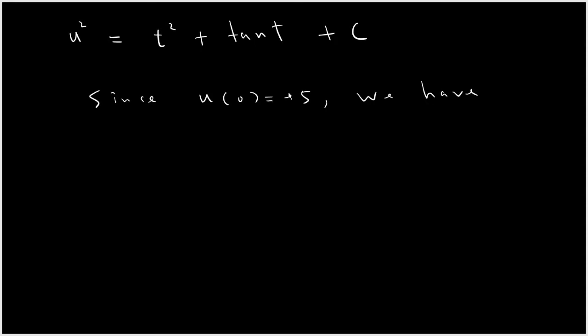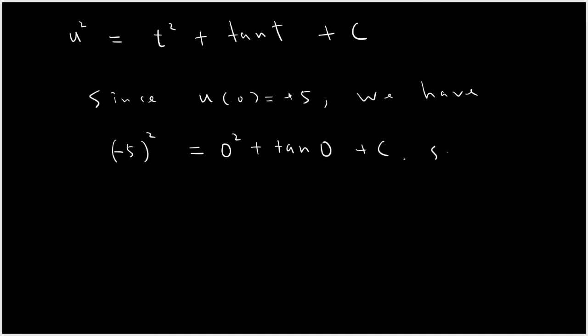So can we try to determine the constant from here? We have the value of u is -5. You have -5 the whole thing squared is equal to, and then the t value is 0. 0 squared is equal to 0, right? 0 squared, and then plus tan of 0, and then plus c, right?